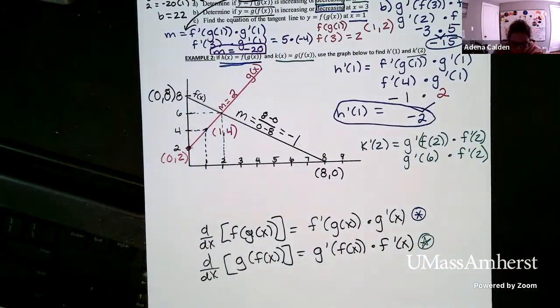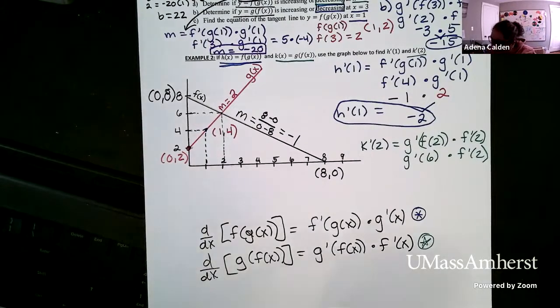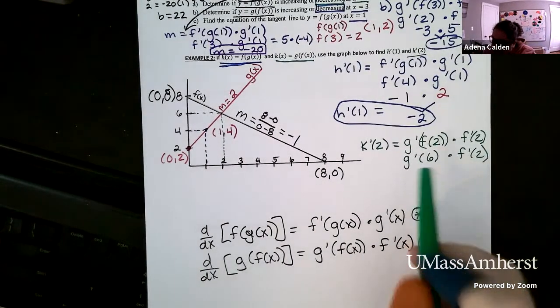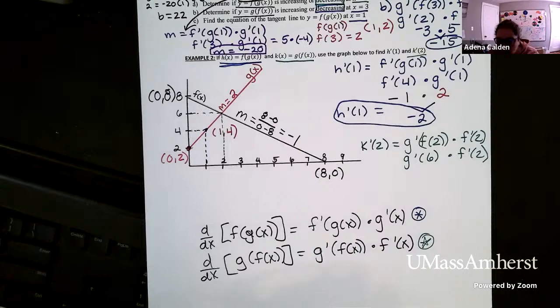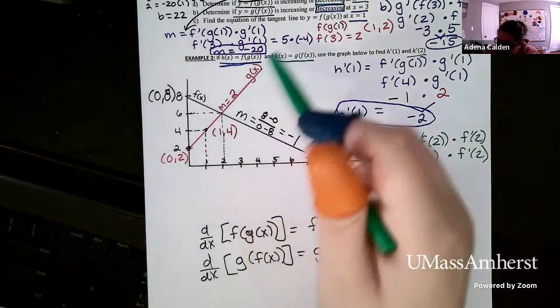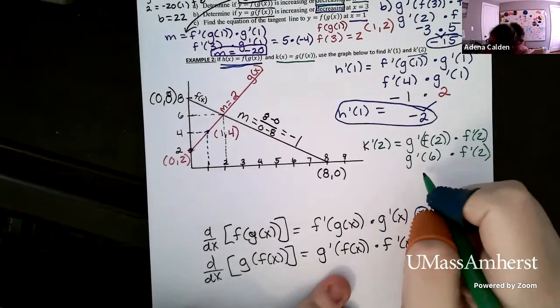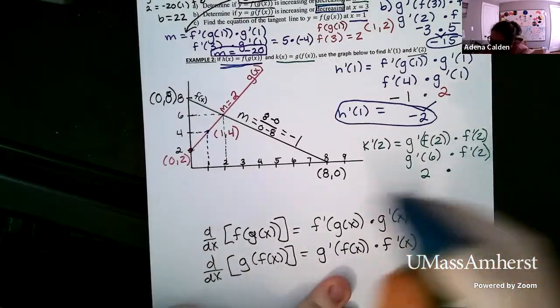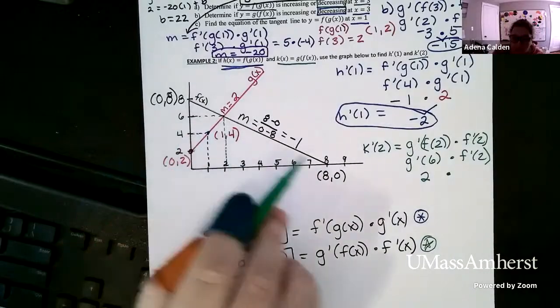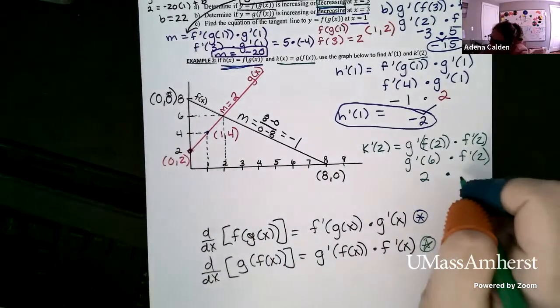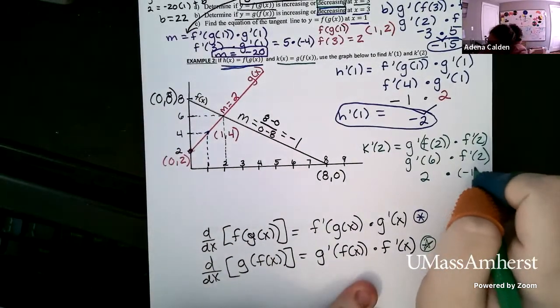And again, these are linear functions. So g prime of 6 is going to be the slope of the g function at any point, right? And so here again, that's going to be 2. And then f prime of 2, again, is going to be the slope of the f function. And that's going to be negative 1.